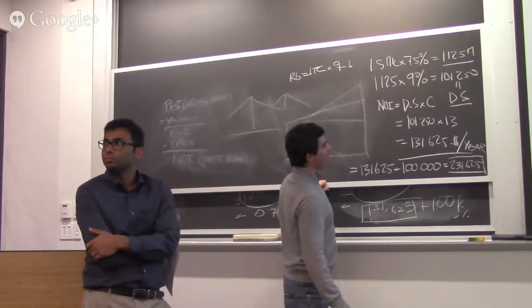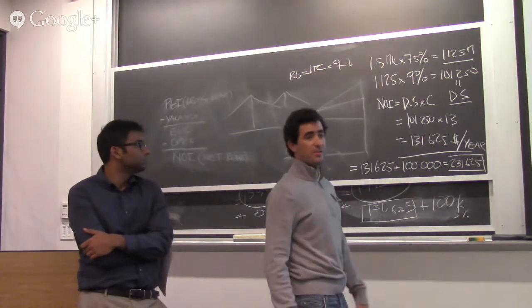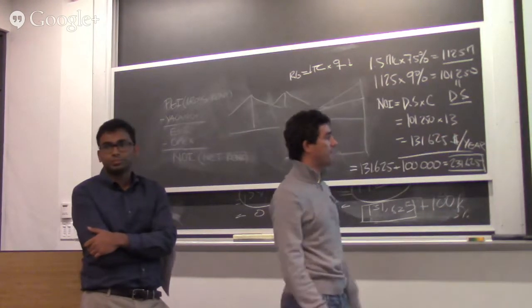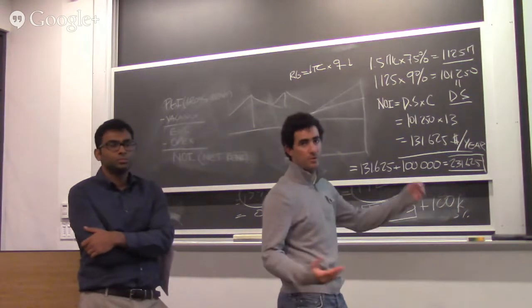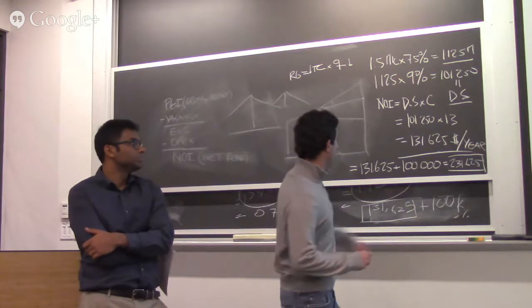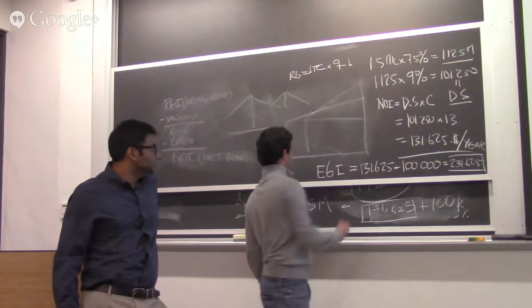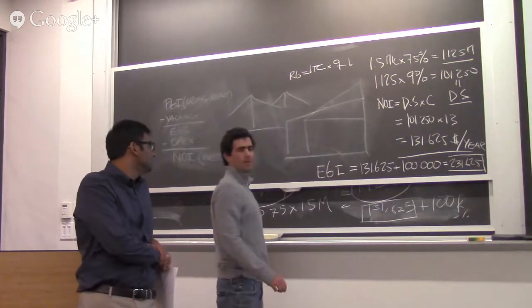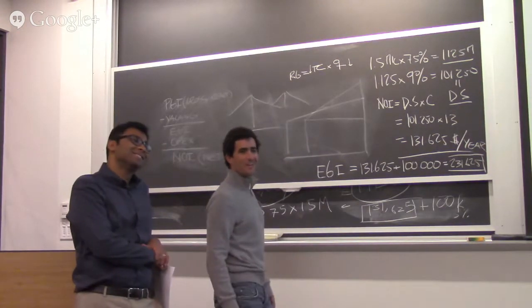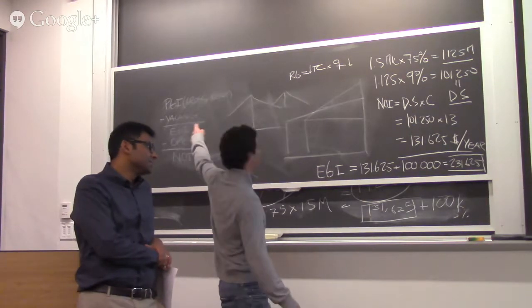Now that we got that, actually we have the vacancy. We have a 95% occupancy. So this would be our EGI. Now we gotta get to our PGI, which is potential gross income.